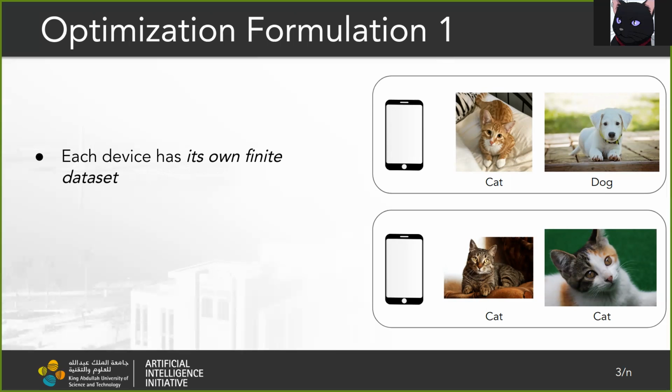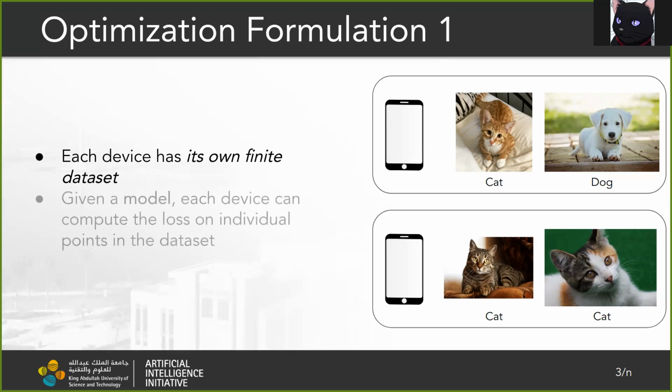One client, for example, might just like taking pictures of dogs, so the entire data set on their device may be of dogs. But still, we want to learn something and to use this to improve our machine learning model. So we have a model, and given this model, each device can compute the loss on individual points on its own data set.